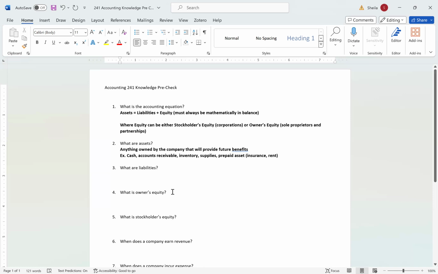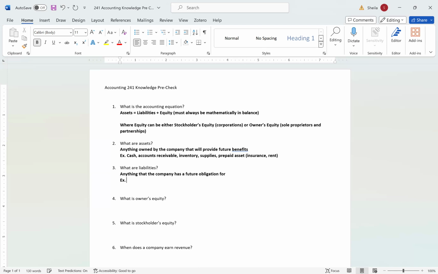Now, that is a little bit different than liabilities. So this is anything that the company has a future obligation for. Some examples of this are anything that's payable or anything that is owed, anything that is a debt.